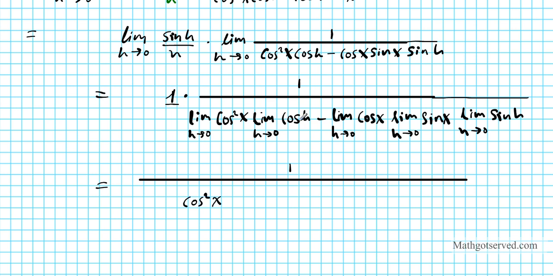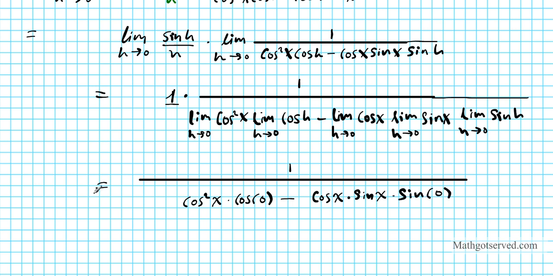The limit as h approaches 0 of cosine h, you plug in 0 for h, so cosine 0. We're going to evaluate that minus. This is independent of the limit, so it stays cosine x, because these variables are the same. This is independent of h. Whatever h does doesn't bother sine x, so sine x stays. And then this one, we plug in 0 for h, so sine 0.